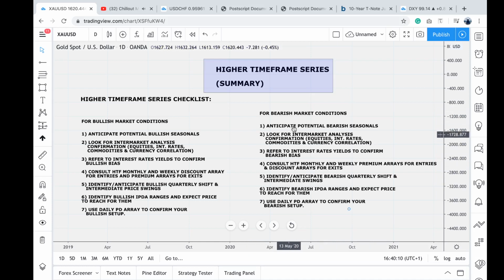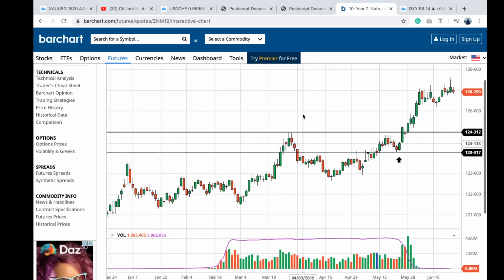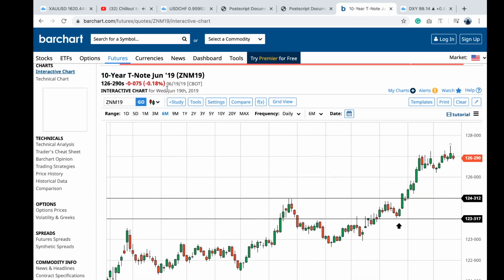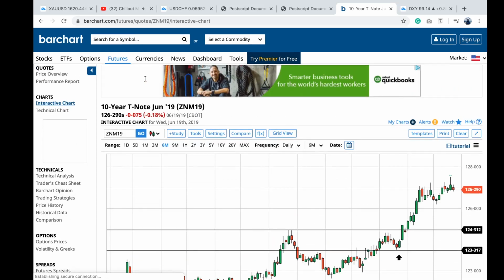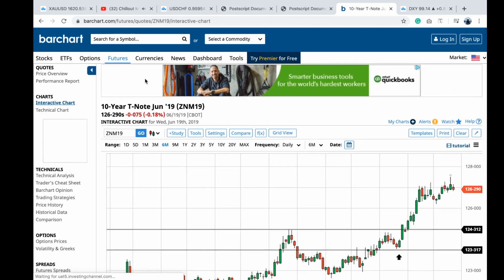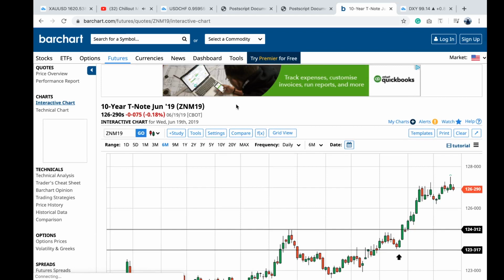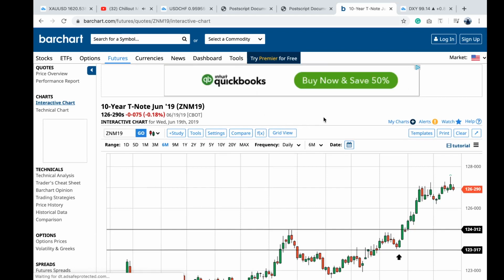So what we want to look for is intermarket analysis, via bond prices and yields. So if we go to 10-year treasury notes of June 2019, you can see right here, 10-year T notes June 2019. The 10-year treasury note is simply what we use as a reference for bond prices in the US.